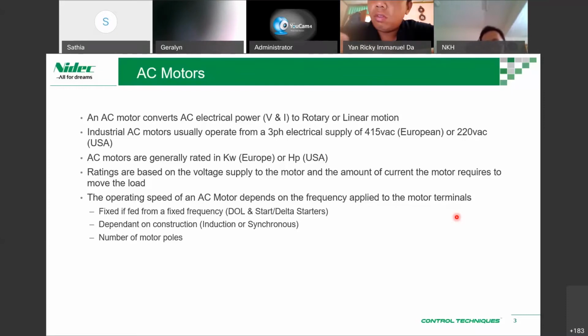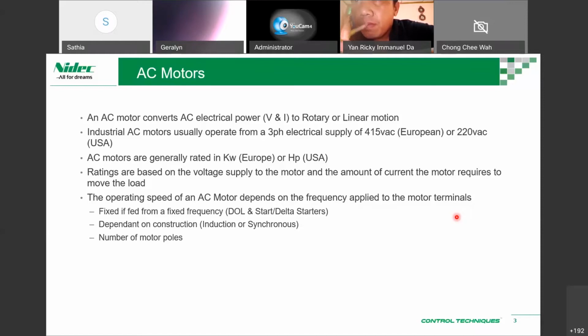Whenever we are trying to move a load, let's say moving water from a reservoir to another location, or using a crane to lift something from the ground to certain meters above the ground, all of this is work. So when we are moving a load, we are doing work.